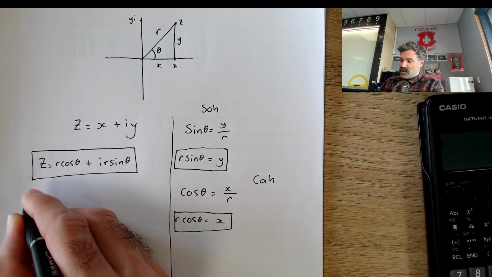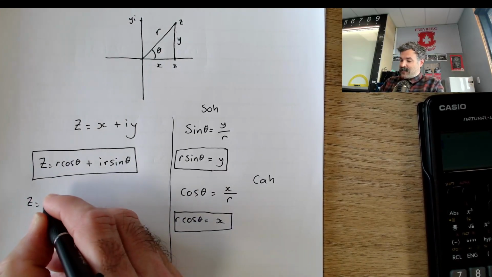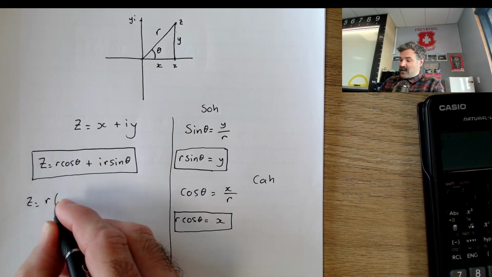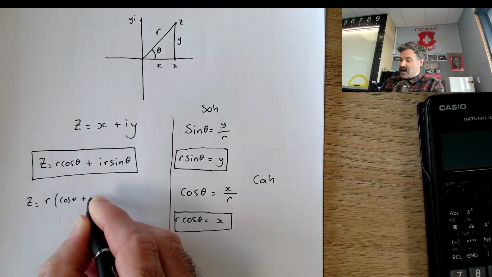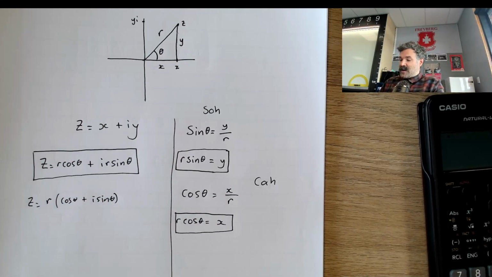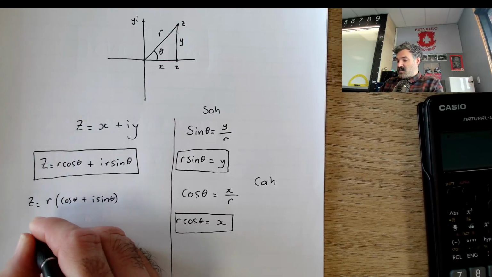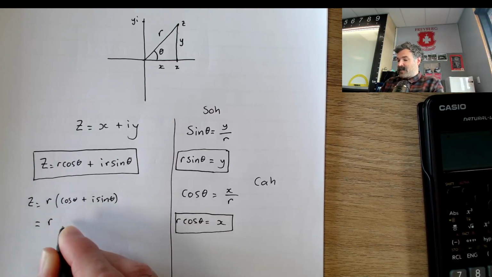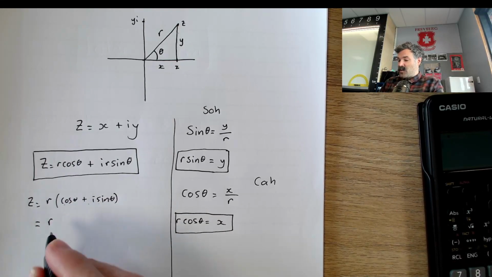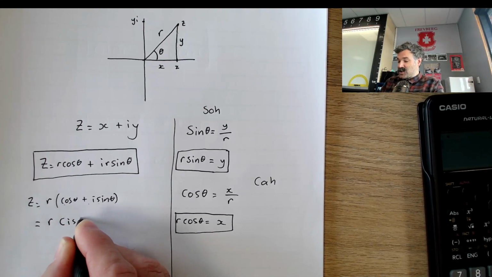And so what we do, we firstly factorize out the r. They both have an r, and I'm left with cos of theta plus i sine of theta. And then just the abbreviation, that cis thing is just my cos and my i sine. So we just abbreviate that to r, and then this cos plus i sine we're writing as cis, which is just an abbreviation.